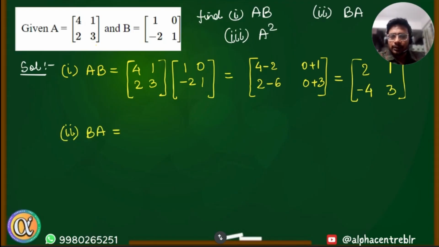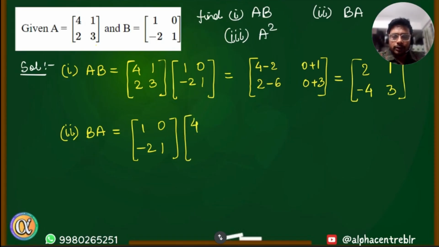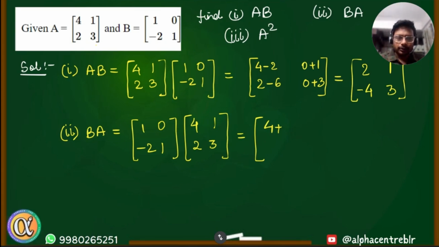B into A. So here we write the B matrix first. 1, 0, minus 2, and 1 multiplied with 4, 1, 2, 3. This is equal to 1 with 4 is 4, 0 with 2 is just 0.